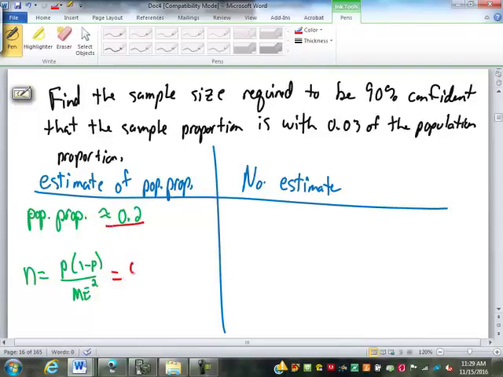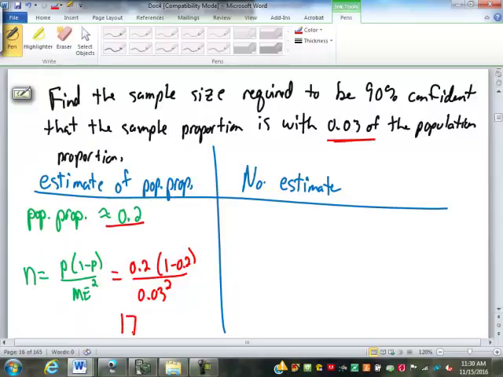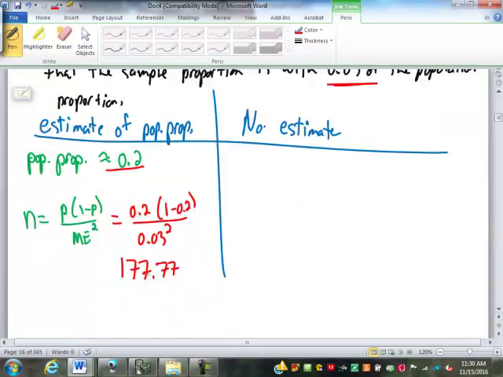So it's going to be 0.2 times 1 minus 0.2 over, we want to be within 0.03, squared. 0.2 times 1 minus 0.2 is just 0.8, so I'm just going to type that in, divided by 0.03 squared. 177.77. Now again, that's the minimum, so we have to round it up. So we're going to need n equals 178.